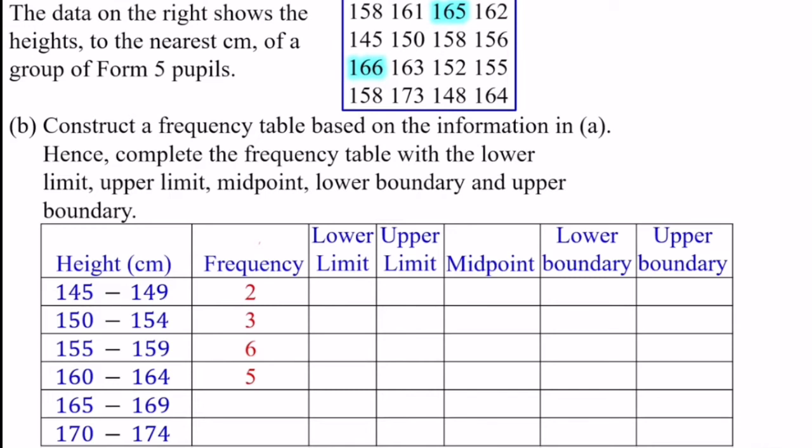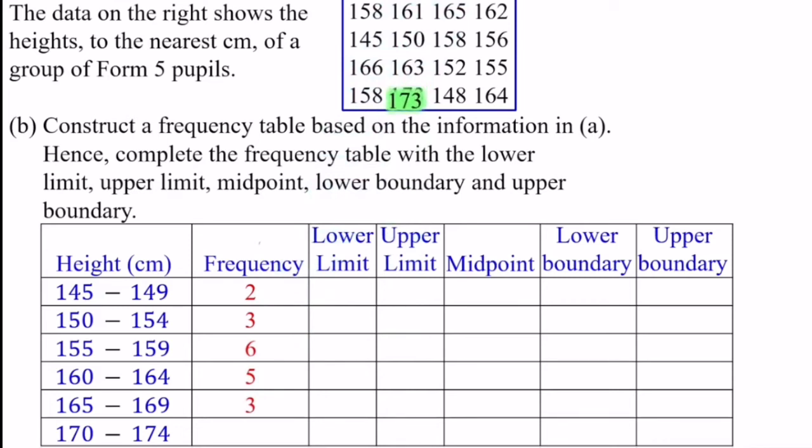So we have 3 data, so the frequency is 3. And then for 170 to 174, we managed to find 173. We don't have 174, right? If you double check carefully, we have only one, which is 173.